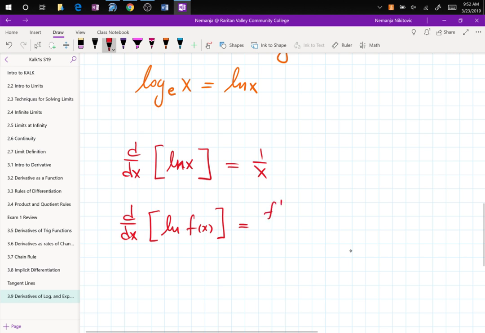So it's f prime over f. It is so easy. You see the function that is inside ln. Guys, Control C, Control V, and then take the derivative, okay? That's all it is. Control C, Control V, and then take the derivative.